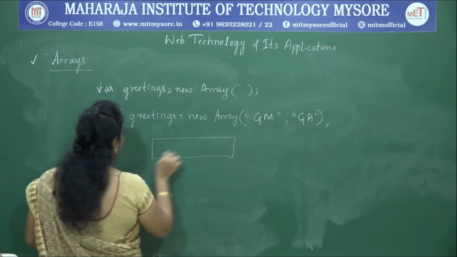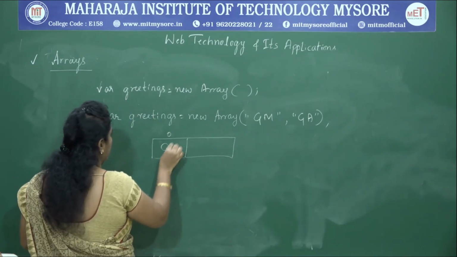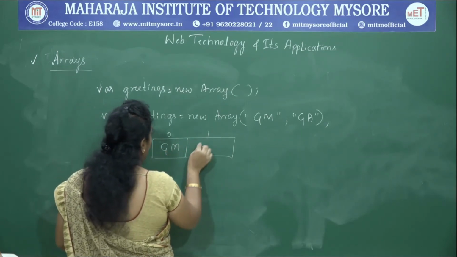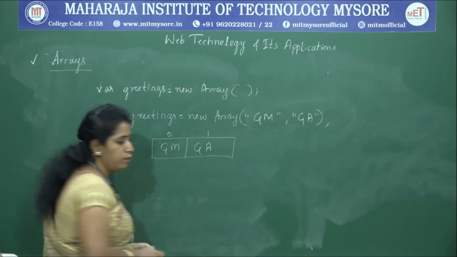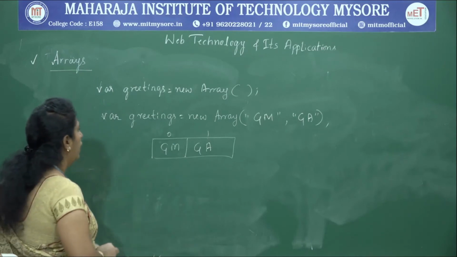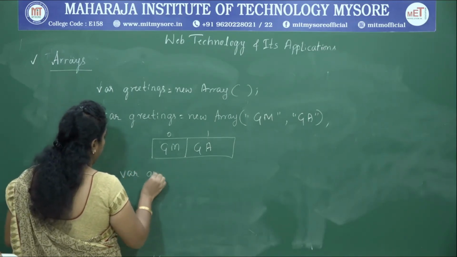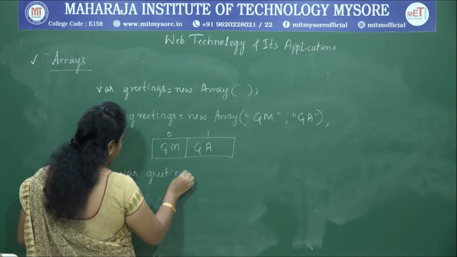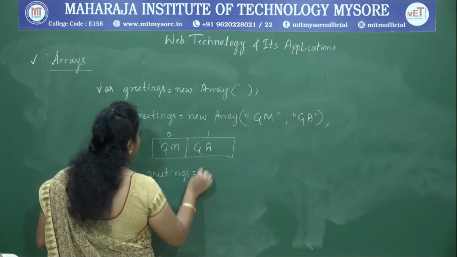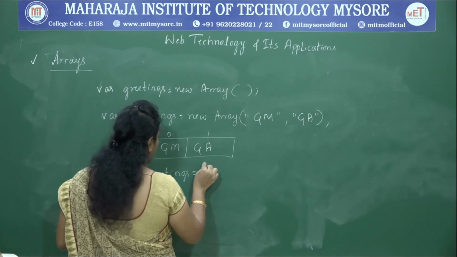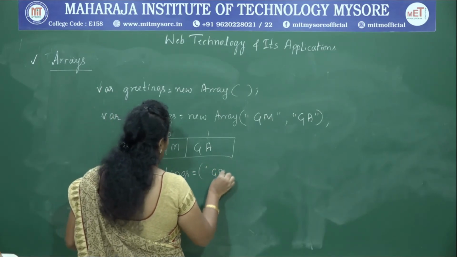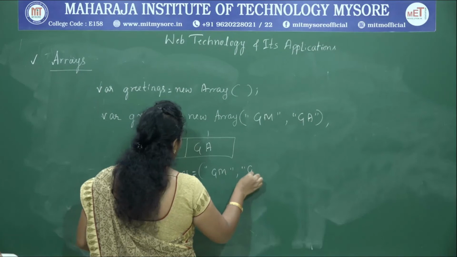Now it looks like this: in the 0th index, good morning is stored, and in the first index, good afternoon is stored. I can also write it in this way, where greetings equals, in this way, good morning and good afternoon.